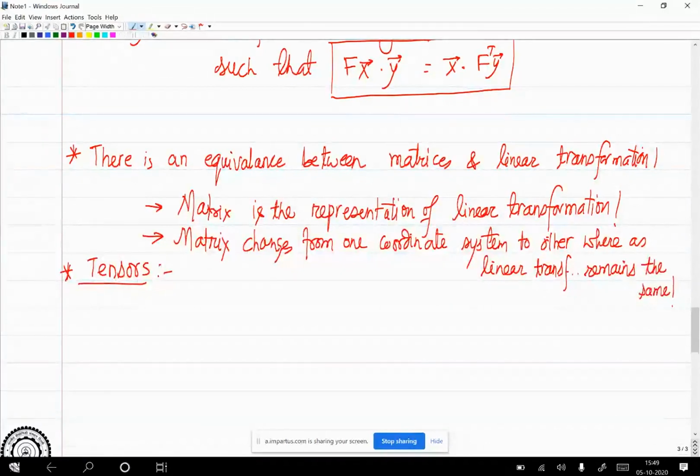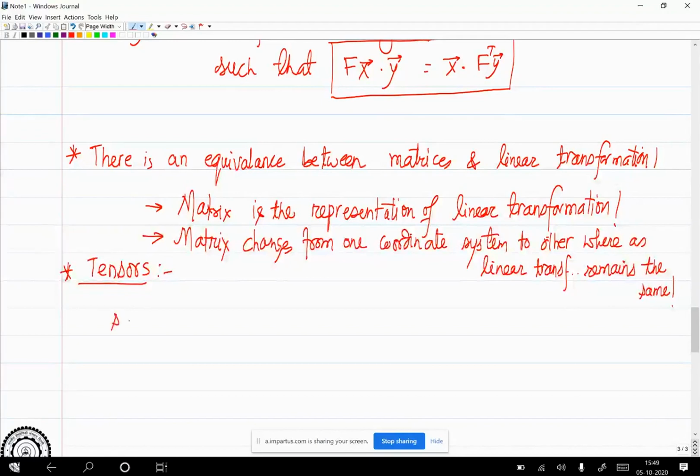Okay, so having said this, we are now going to introduce tensors. Just like vectors, there were linear transformations. In fact, tensor is a more general notion for things which are independent of coordinate system, whereas their representation will change from one coordinate system to the other.